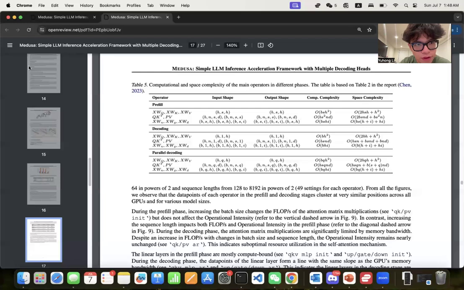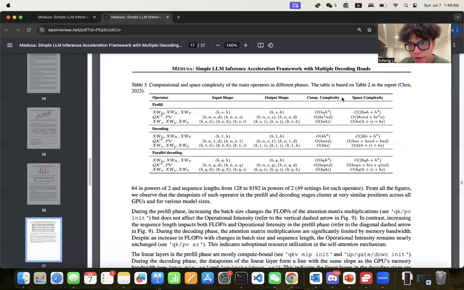Here we just use the Llama architecture, and they have this gate, up, and down. Gate, up, and down are linear layers, this is attention, and this is also a linear layer. So this is a QKV linear layer, attention, gate, up, down. If you're not familiar with this, just check the Llama architecture.